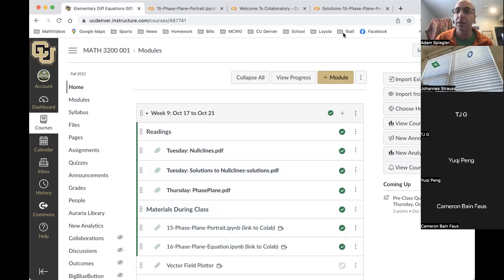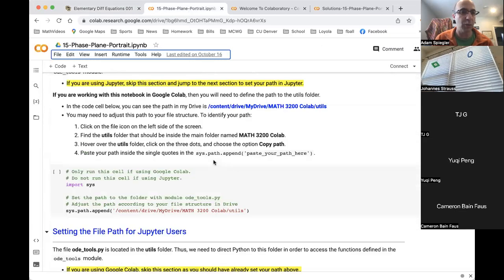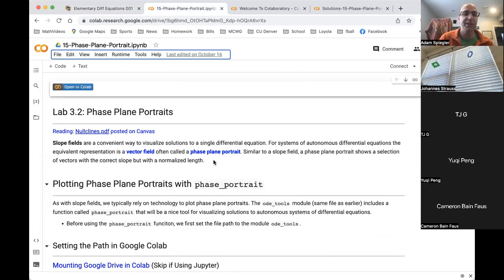Okay, so here is worksheet 15, which is dealing with what are called phase plane portraits.